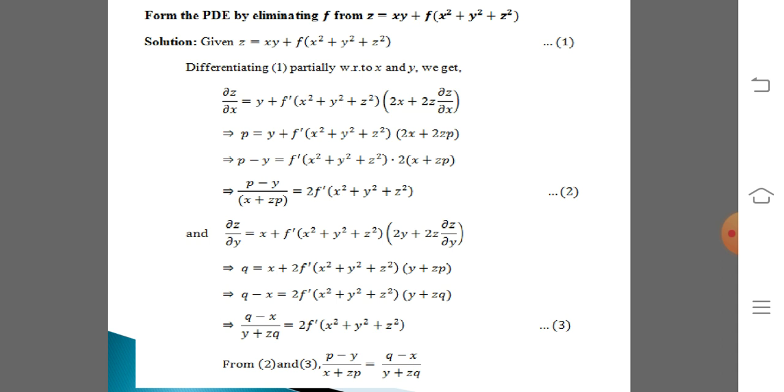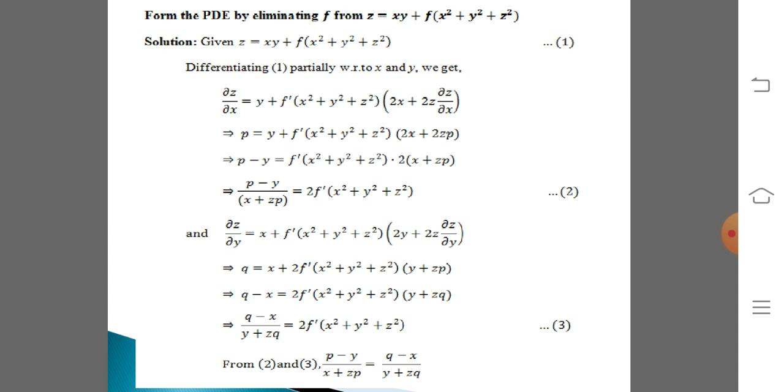Okay, so term by term differentiation gives 2x plus derivative of y² is 0 and derivative of z² is 2z ∂z/∂x. Because z is a function of x and y, therefore the derivative of z² with respect to x is 2z into ∂z/∂x.